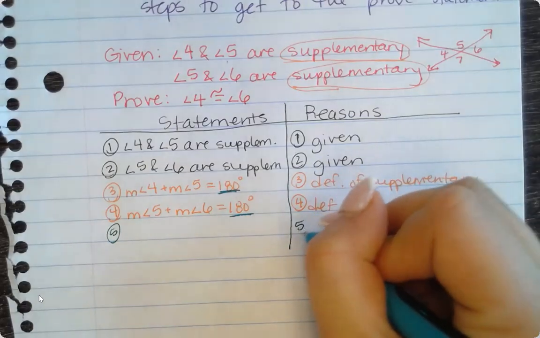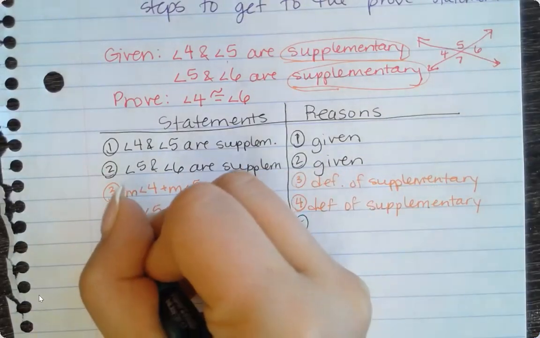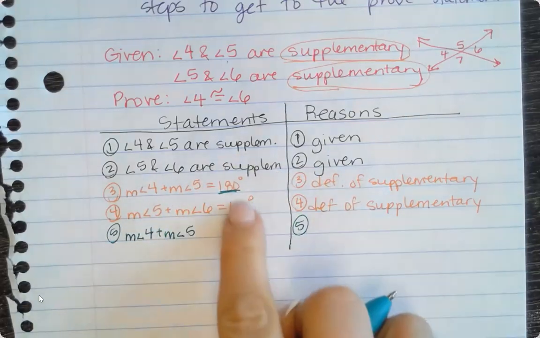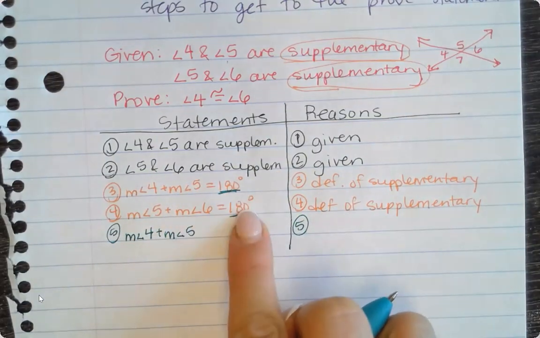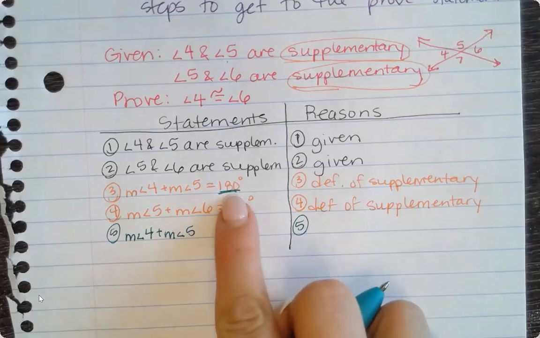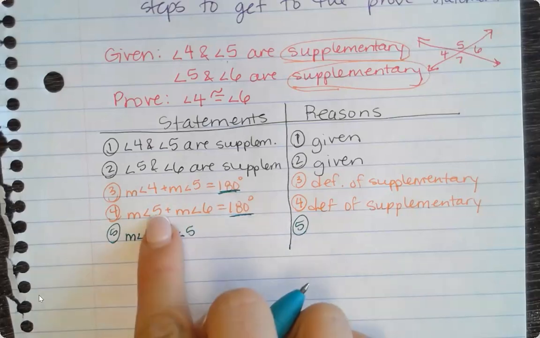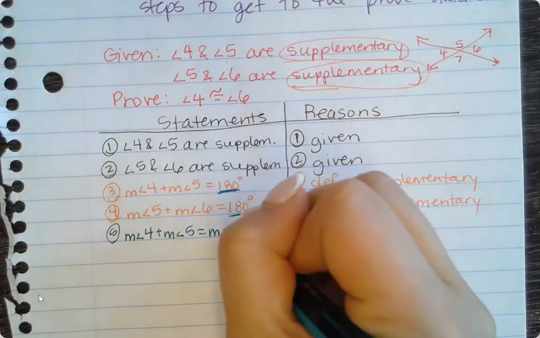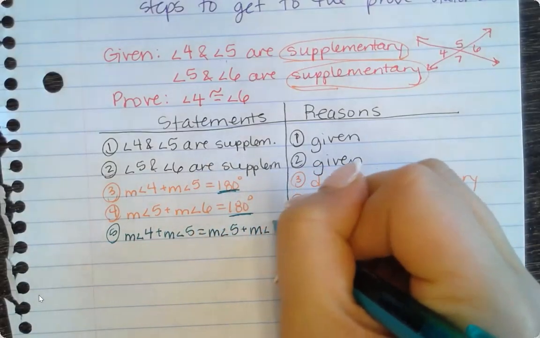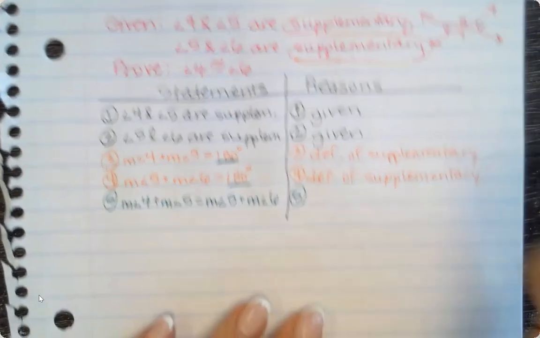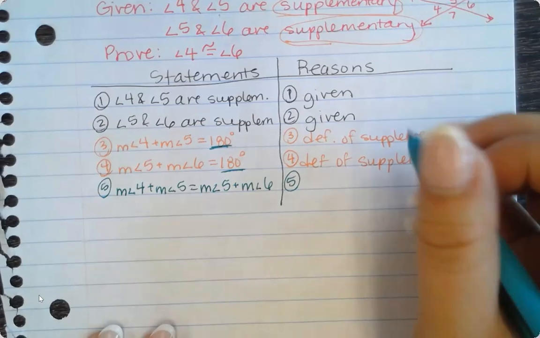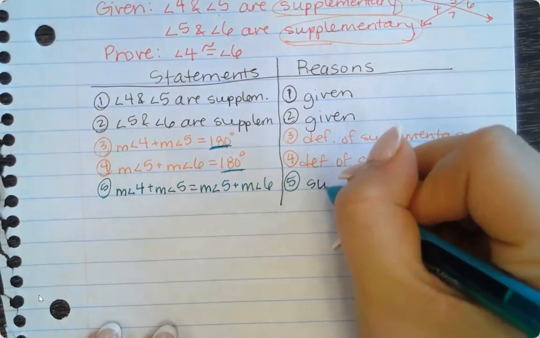So I'm substituting it in. So I have the measure of angle 4 plus the measure of angle 5. And because it was equal to 180 here and here, I'm going to substitute in for 180 what 180 is also equal to, which is this measure of angle 5 plus the measure of angle 6. All right. And so these here are equal because of substitution.